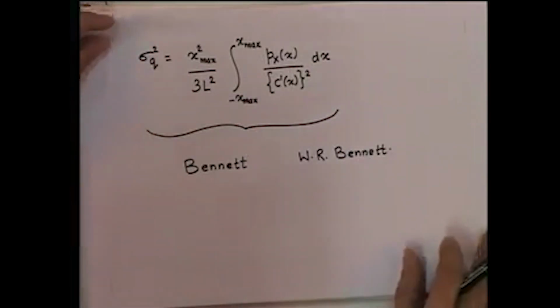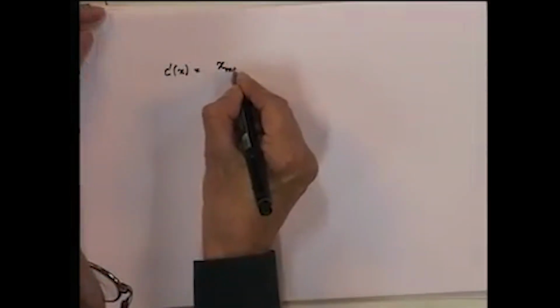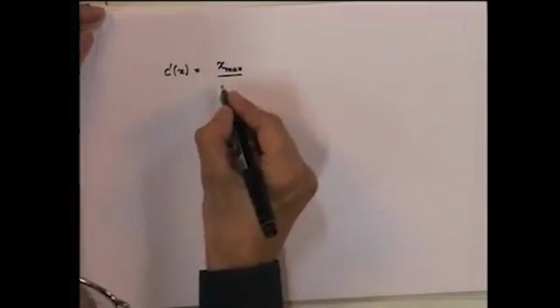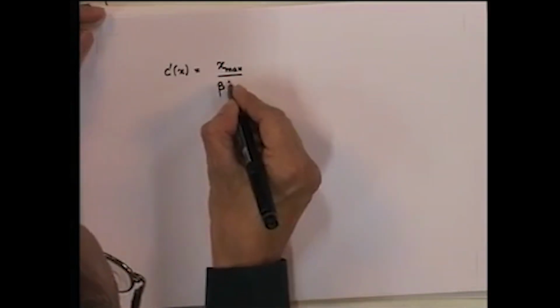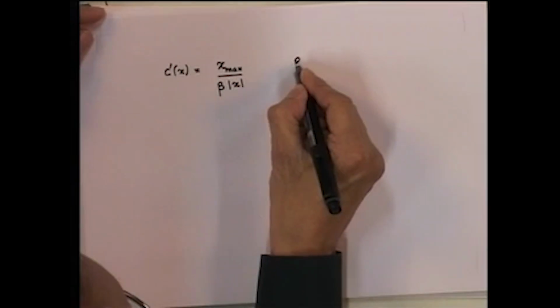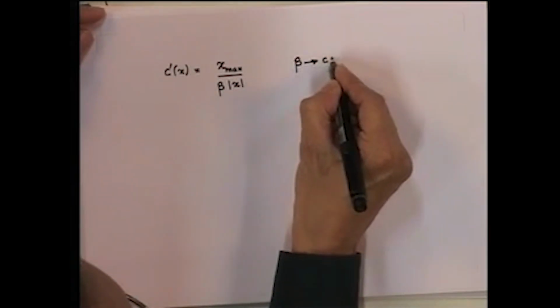So, let us define C dash x as x max by beta times mod x, where beta is a constant.